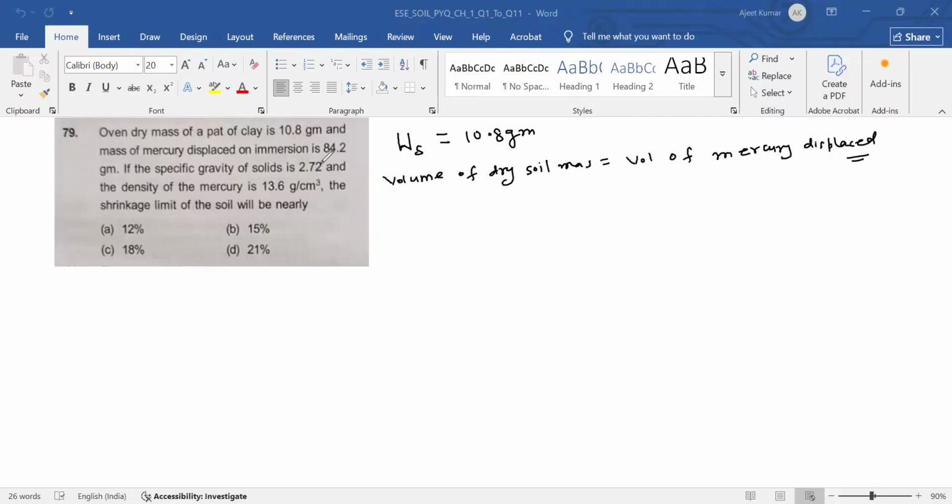And here the weight of mercury displaced is given.